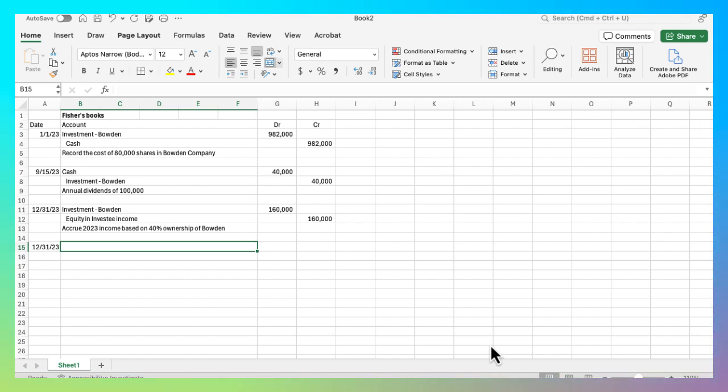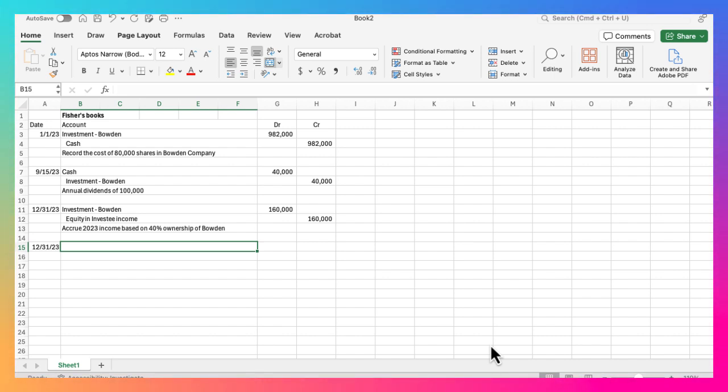So what's happening is that our investment in this Bowden company is going down, and in addition, the income that we get from them is also going down. Anytime we need to amortize a patent or some intangible asset, we're going to do it systematically.